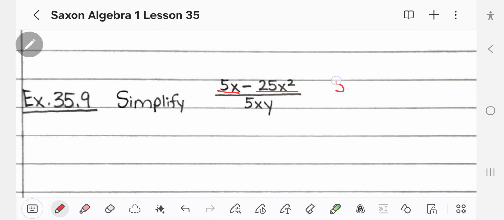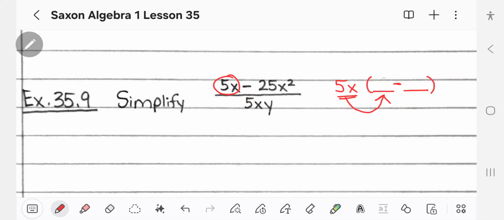Looks like they have a 5 in common. It looks like they also have an x in common. All right, great. Now, that's what I'm going to factor out, okay? So it's the initial factor here. Now I'm going to have over here, this has 2 terms, so I'm going to have 2 terms here as well, and a minus sign between them, okay? 5x here times something is going to give me 5x.